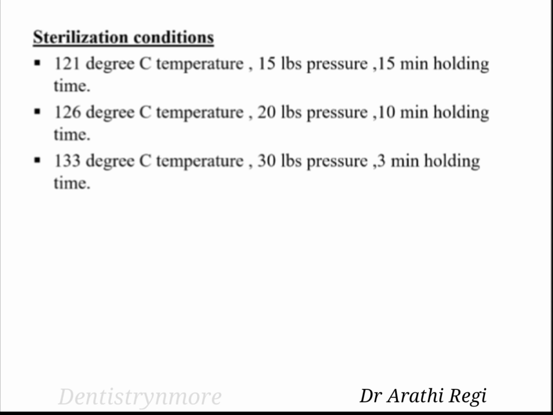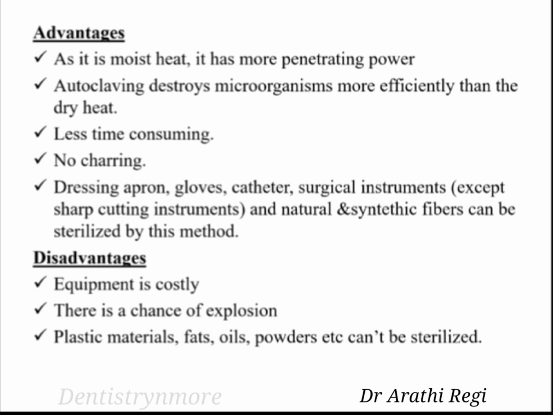After that, the sterilization conditions, that is 121 degrees Celsius temperature, 126 degrees Celsius temperature, and also 133 degrees. And the advantages and disadvantages, you can mention any one or two. Less time consuming, as it is a moist heat, it has more penetrating power. And the disadvantages, equipment is costly and there is a chance of explosion.